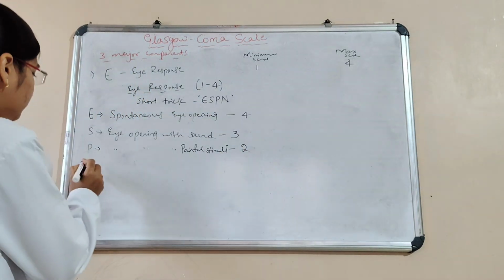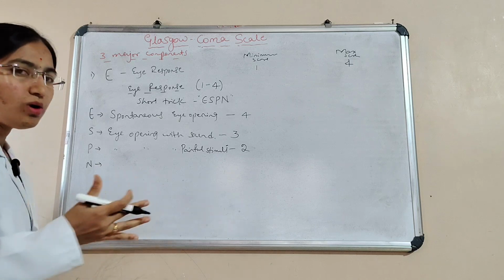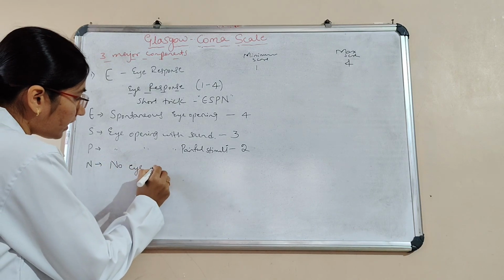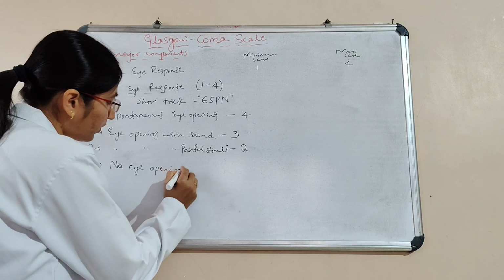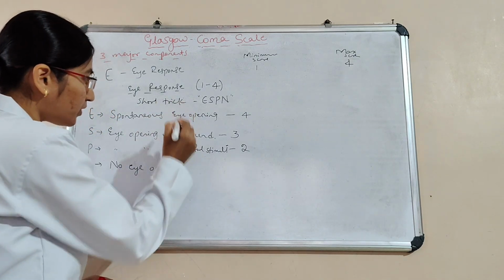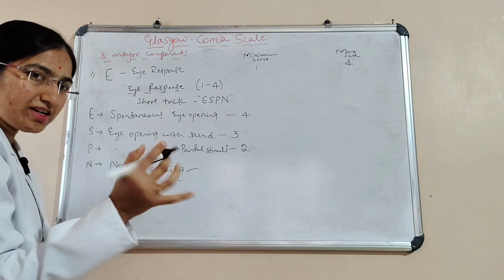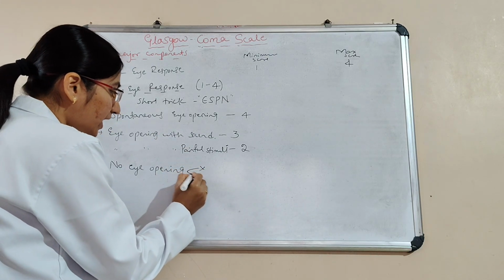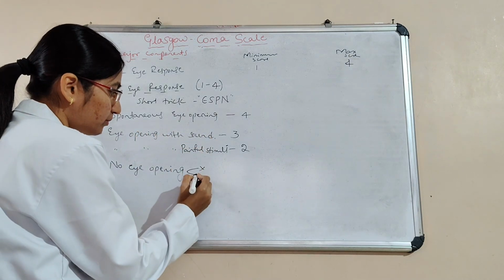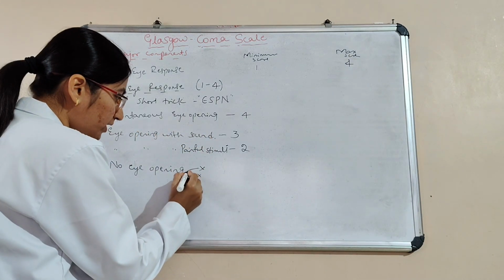And then N stands for no eye opening. When that person enters, there is no eye opening. And when that person shouts, makes a noise, that time also there is no opening of eyes.